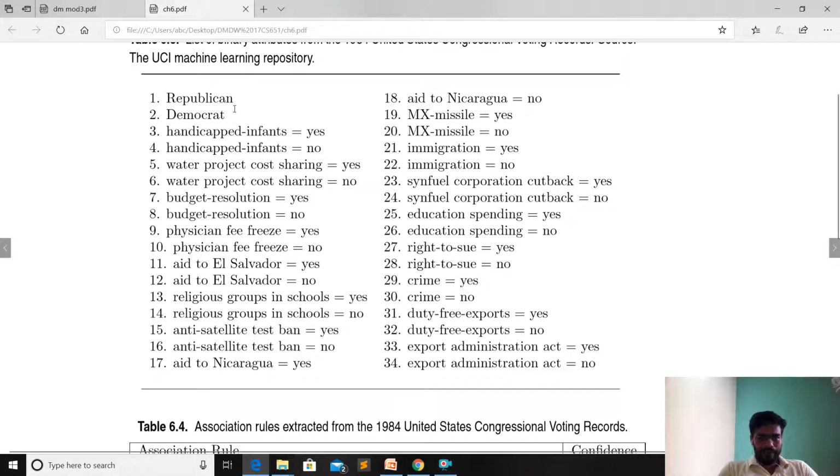The attributes are Republican, Democrat, handicapped infants, water project cost sharing yes or no, budget resolution yes or no, physician fees yes or no, aid to El Salvador yes or no, religious groups in schools yes or no, anti-satellite test ban yes or no, aid to Nicaragua yes or no, MX missile yes or no, immigration yes or no. So all these things are there.